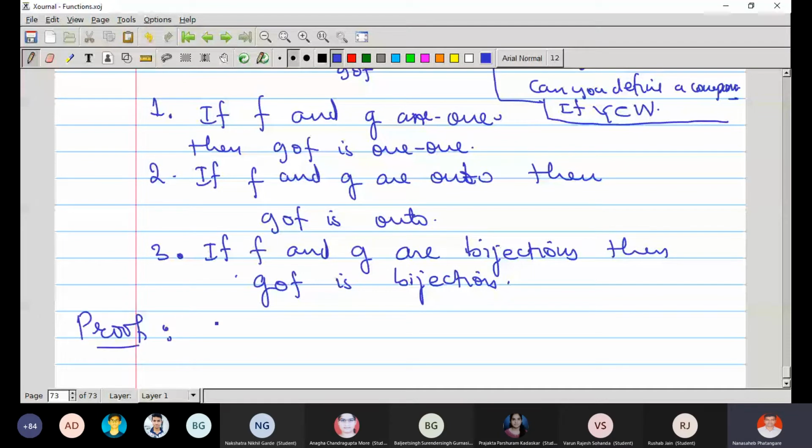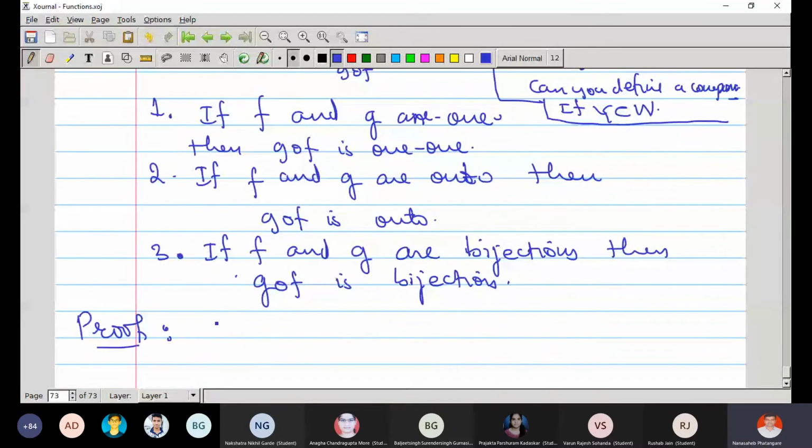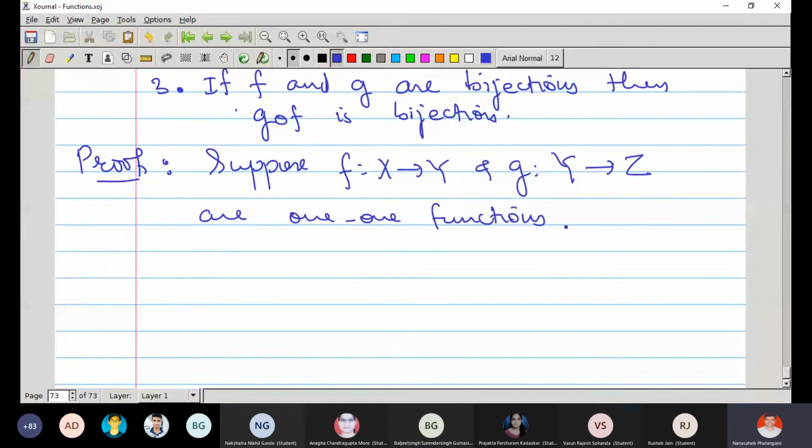So let us prove the first point. If F and G are 1-1. Suppose F from X to Y and G from Y to Z are 1-1 functions.